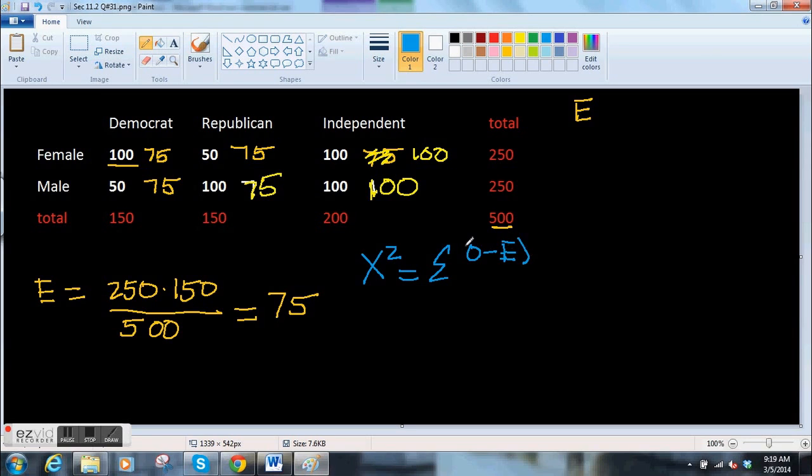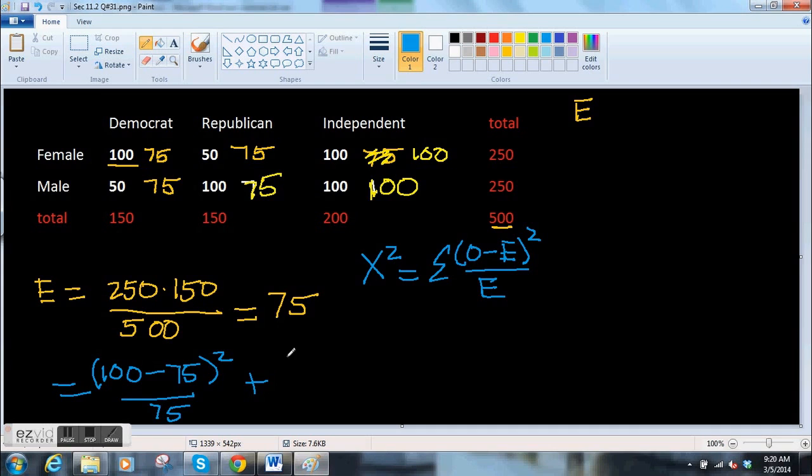It's hard to make these E's. My pen is not that responsive. This is how you do it. You start with the first one. That's this one. So the observed is 100 minus 75 squared divided by the expected, 75, plus the next one.